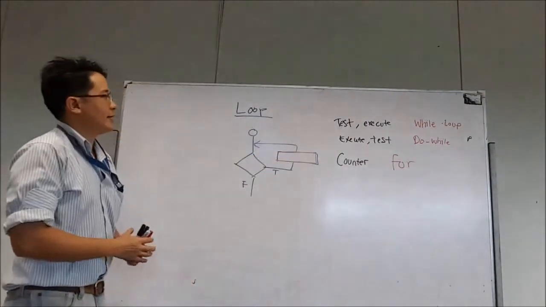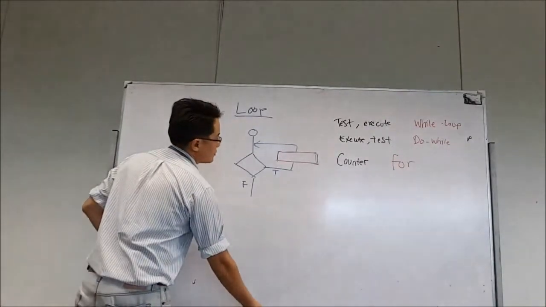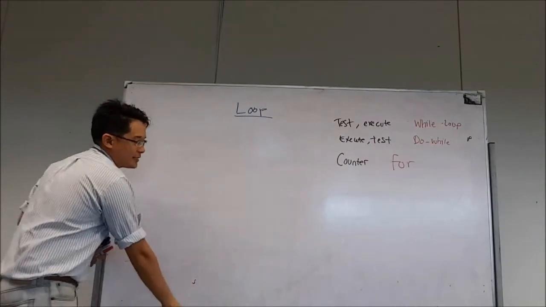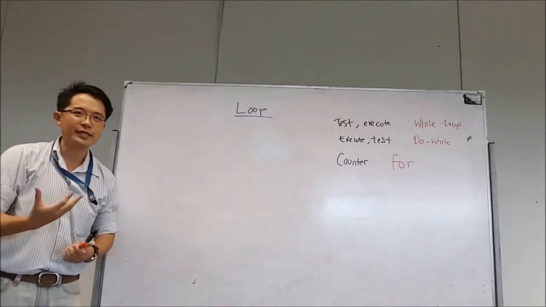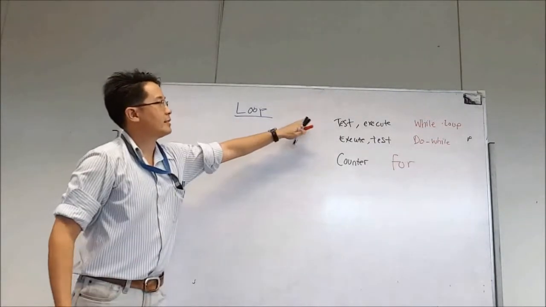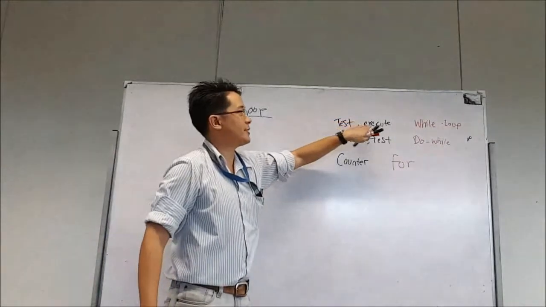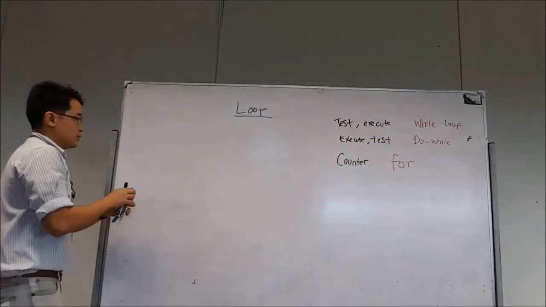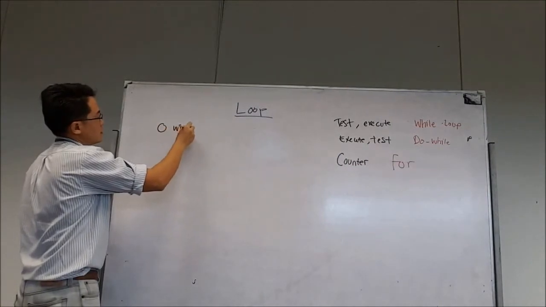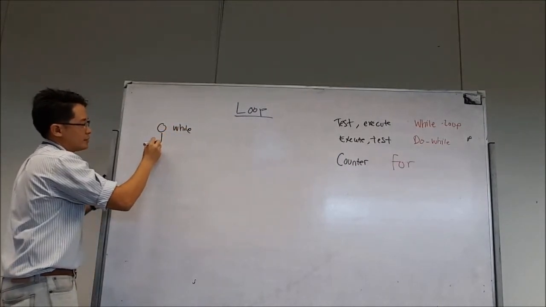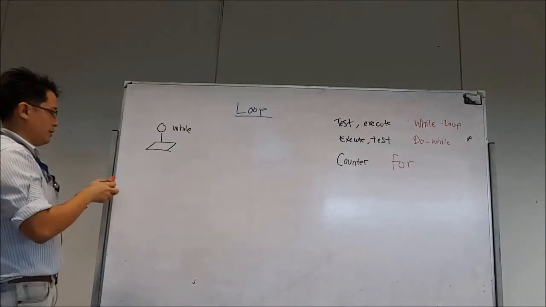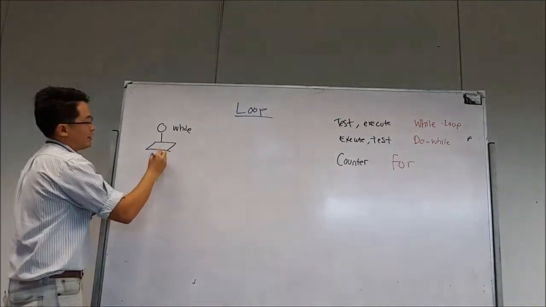So how do they look in a flowchart? Please understand why the flowchart is drawn that way rather than memorizing. For the first one, test first, then you execute. A while loop looks like this. Of course you have to get data first. Then you test.